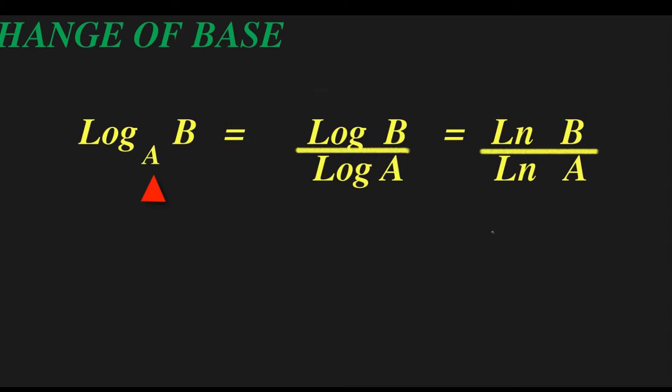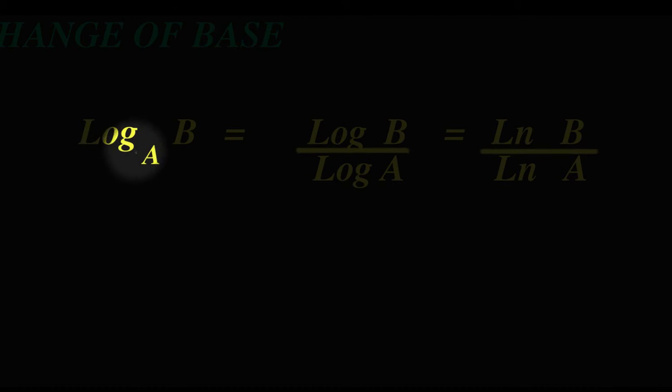So this is the change of base formula, and we are able to write log b with the base 10 there, log a base 10, or ln b, ln a. Okay, that's log base e.